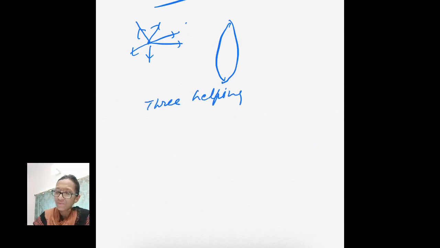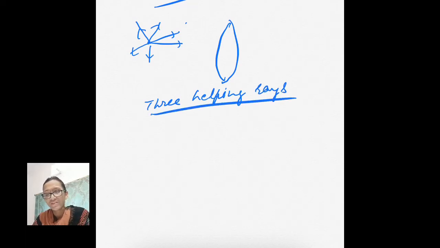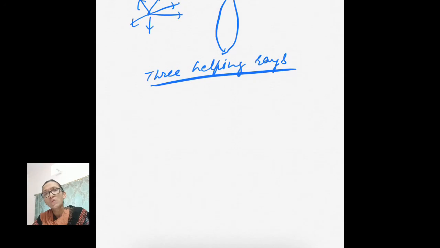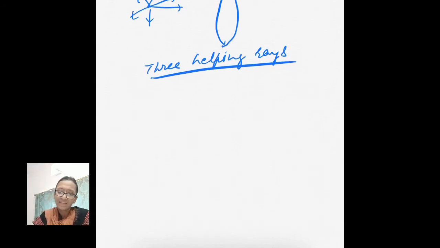rays. Why helping? As we know from before, if they are incident on a lens, then after incidence they will go through some particular direction. So let me write the 3 helping rays.